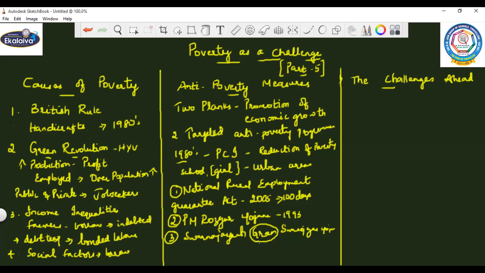Right, children? Now, we got to know the causes of poverty. We got to know the anti-poverty measures, children. Now, still more challenges are there. Children, we have to understand one thing. Poverty is not a thing that can simply be solved. Suppose a person is getting a salary, then he will have his own shelter, food for the whole family, and clothing.